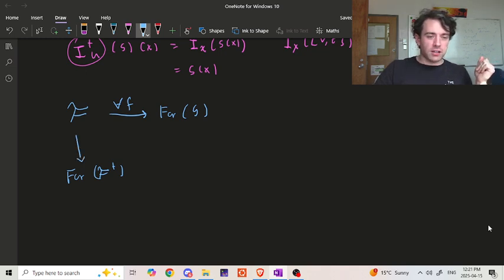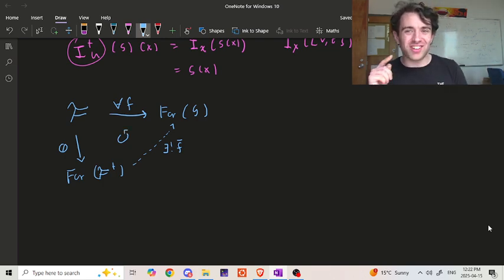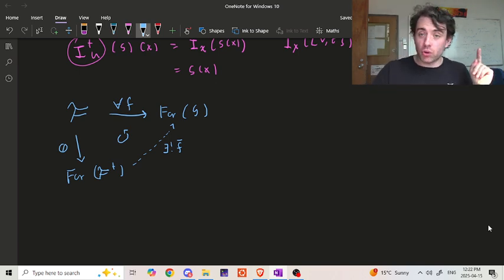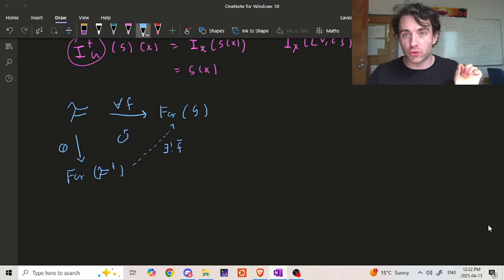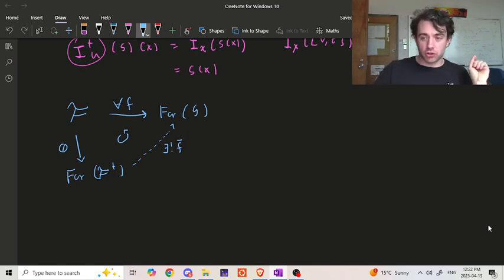Then I defined a sheaf morphism for you, theta, and I proved that there's a unique map f bar which makes this diagram commute. So this is exactly the same universal property that one would use for the unit of adjunction.